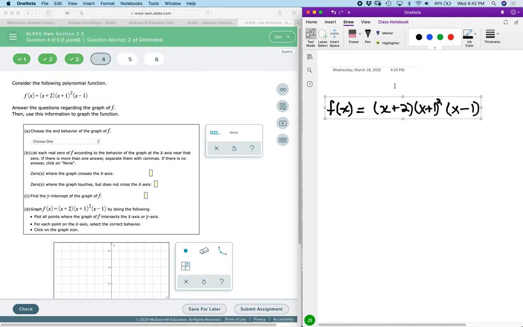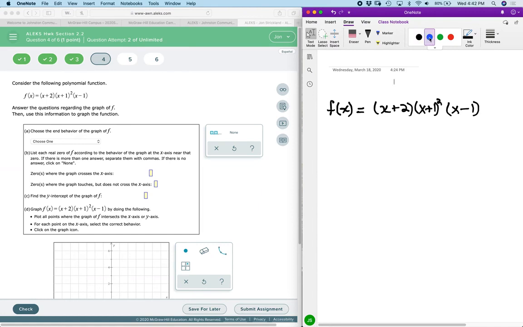So we have the function f of x equal to x plus 2, times the quantity of x plus 1 raised to the second, times the quantity of x minus 1. We're looking at the end behavior.